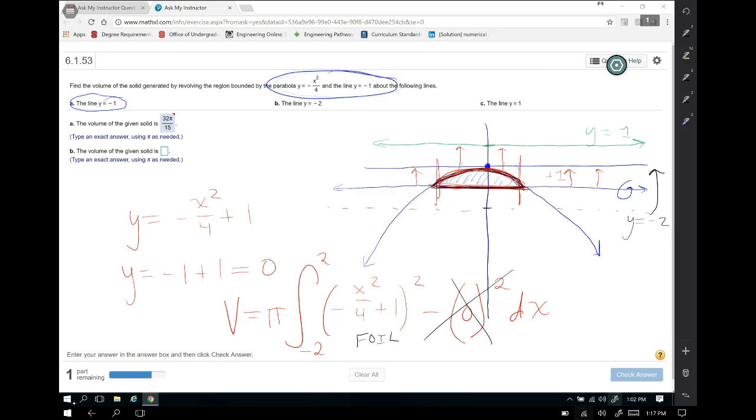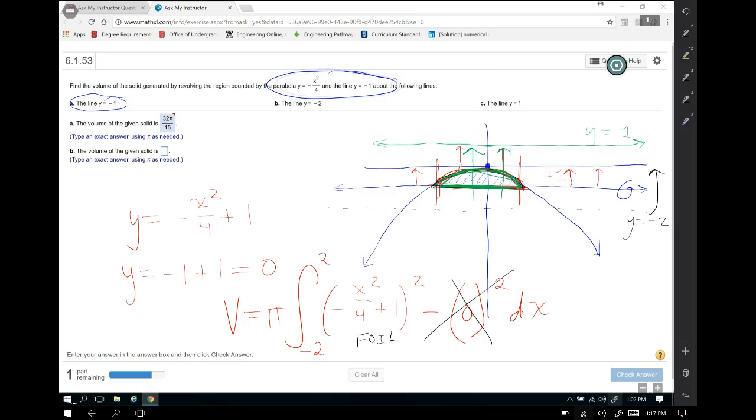It's also going to change what the outer radius and the inner radius are, because you're always moving towards your axis of revolution to decide what is the outer boundary and what is the inner boundary. So in A and B, you were using axes of revolution that were below your region. So the parabola was on top and y equals -1 was on bottom.